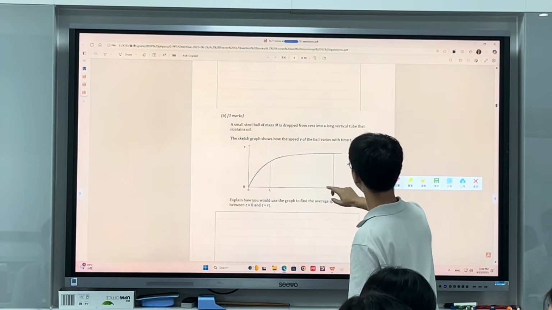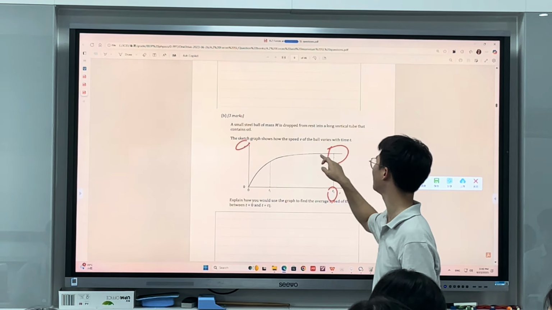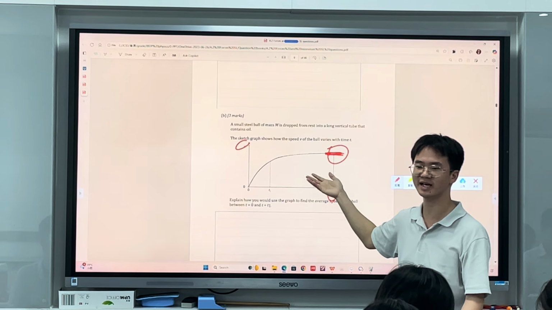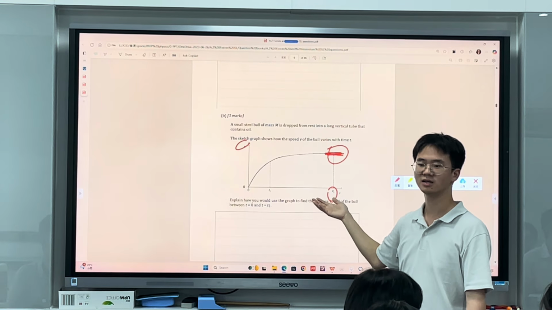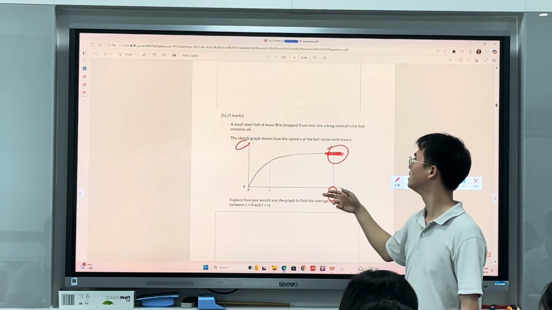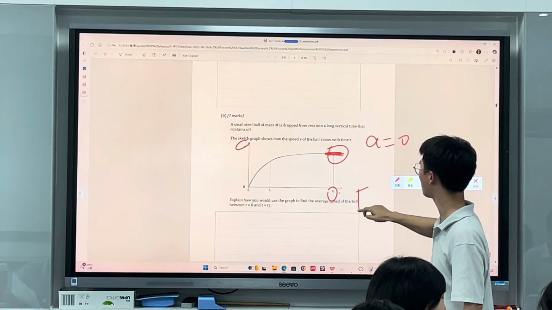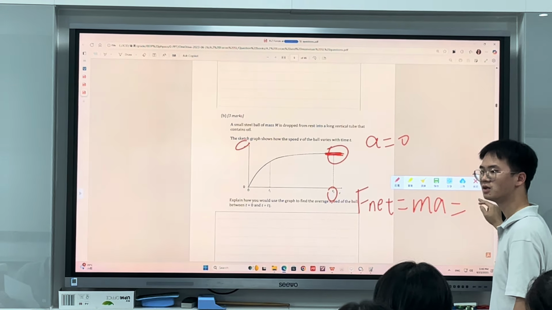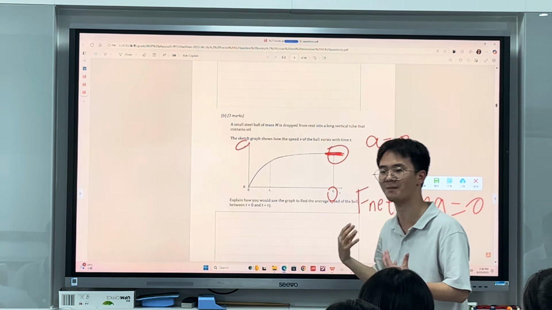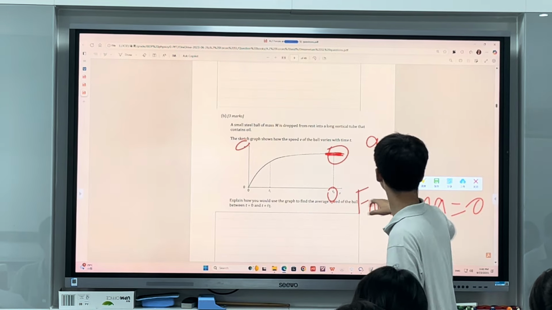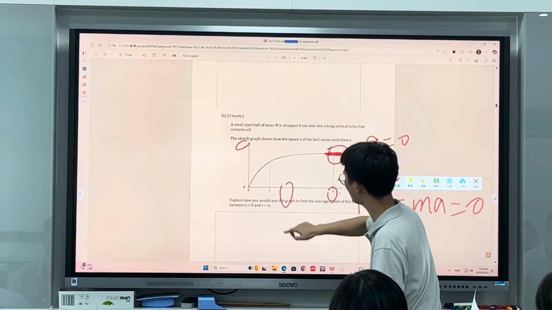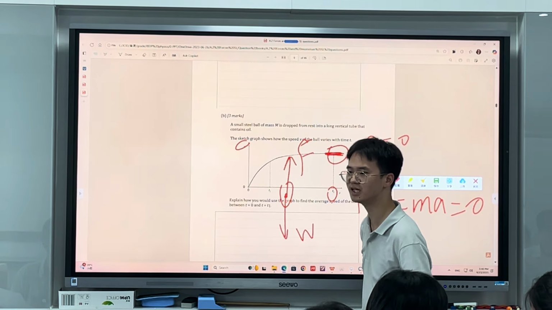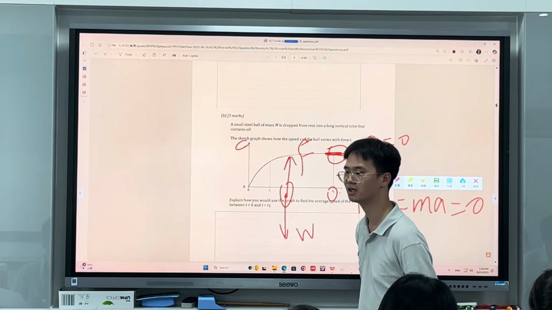T equal to t2 的时候，它的 velocity 怎么了？No change in velocity, so what is the acceleration? Equals zero. If acceleration is 0, what about net force? Net force equal to ma is also 0. So that means all the forces are balanced. So when it's at time t2, its weight is being balanced by the friction, right? So friction is equal to weight, equal to mg.